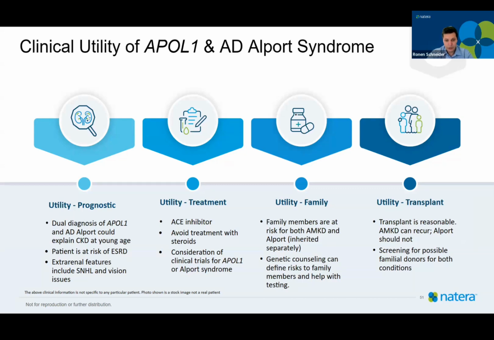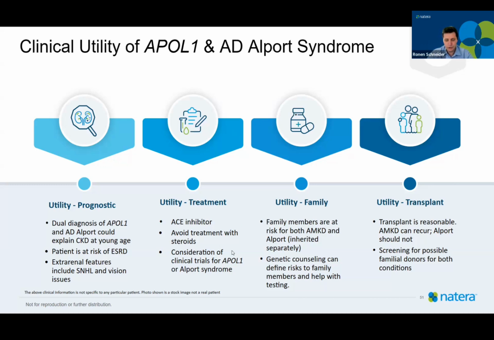What's the utility of knowing about these two genes? We want to look for extrarenal features. So the clinician suspected APOL1, but now he knows that we also need to look for vision issues or sensorineural hearing loss to screen for these problems. In terms of treatment, we direct treatment with ACE inhibitors.